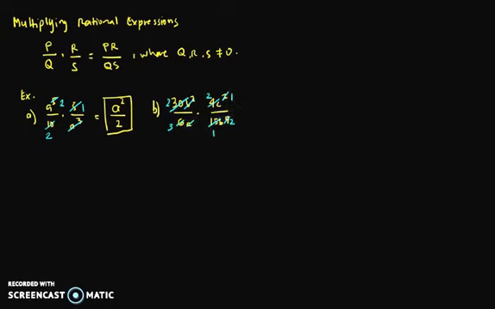Multiplying the remaining terms, that gives us 2 times 2 times c, so that is 4c over 3 times b squared, which gives us 3b squared. So this will be our final answer.